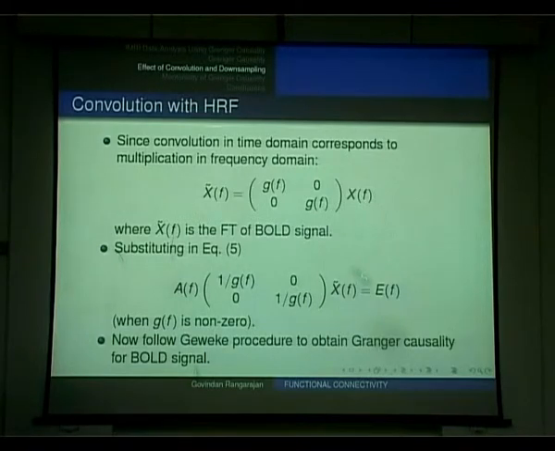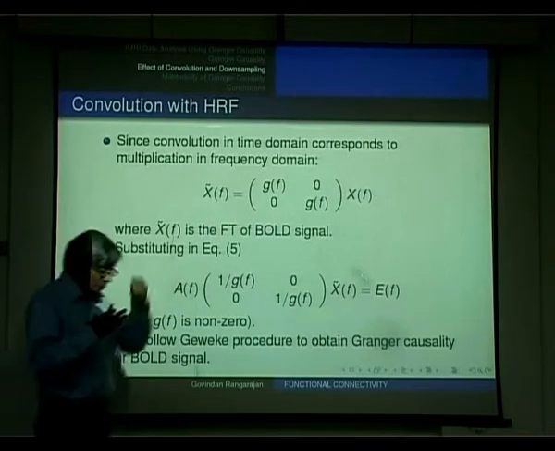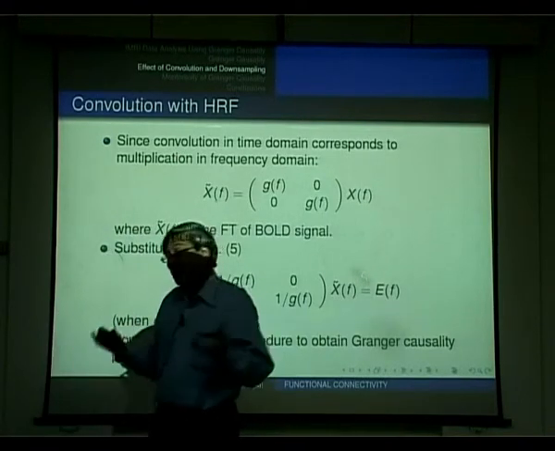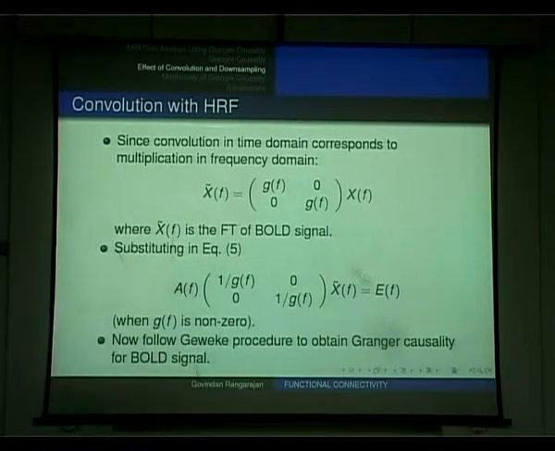So this is a Fourier transform of the neuronal signal. X of f denotes the Fourier transform of the neuronal signal, and you would know that convolution in the time domain by this HRF function corresponds to a multiplication of the corresponding Fourier transforms in the frequency domain.